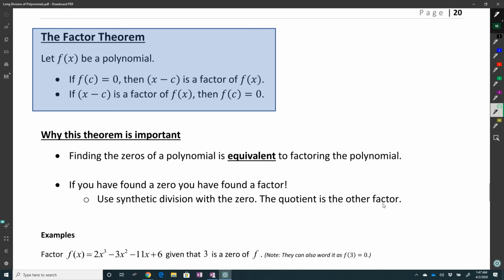Okay, so it turns out that the factor theorem, we have a little thing here.